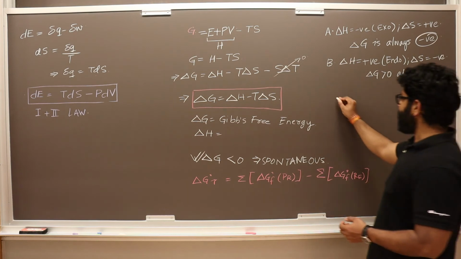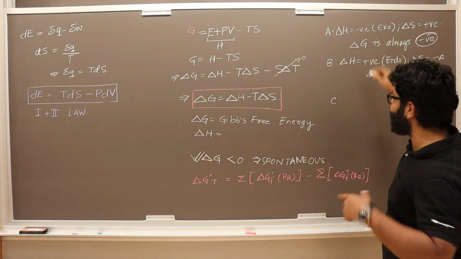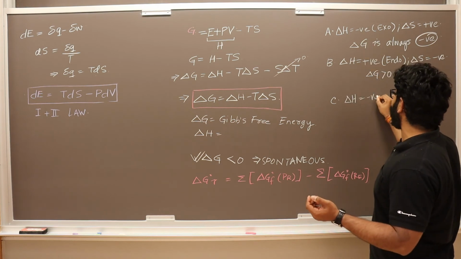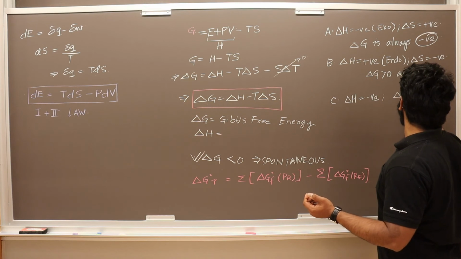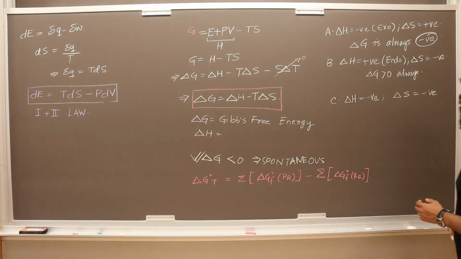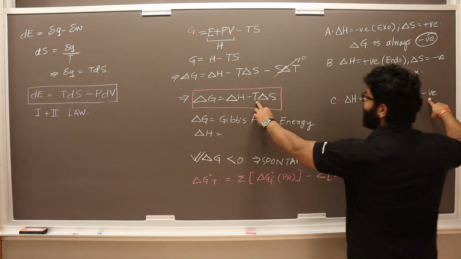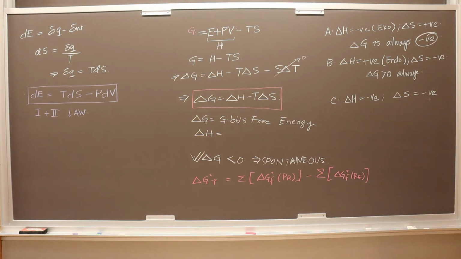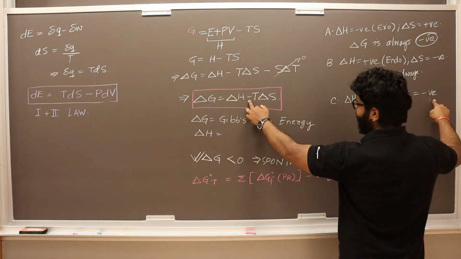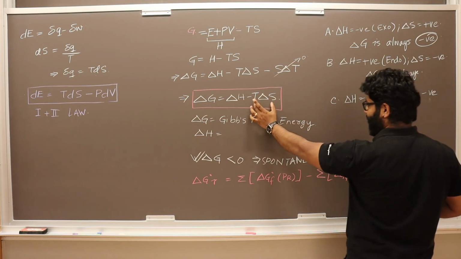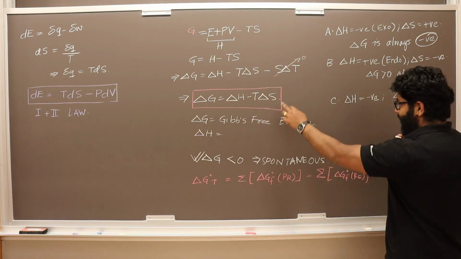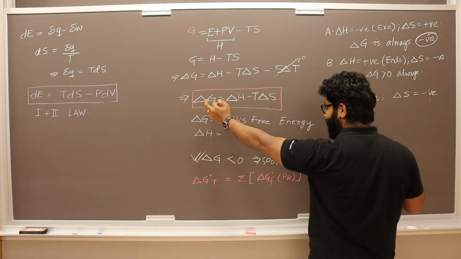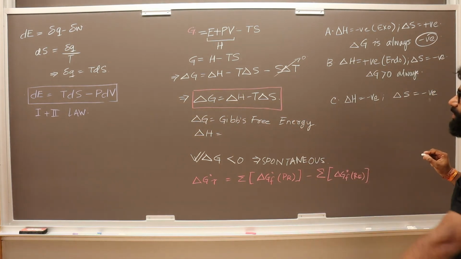Now, any reaction in between these cases becomes interesting, right? Let's assume delta H is still negative, but what if delta S is also negative? Now you see, when you have delta S negative at higher temperatures, this whole term becomes more positive, right? This negative and this negative will cancel each other. So at higher temperatures this tends to increase delta G, increasing the free energy.